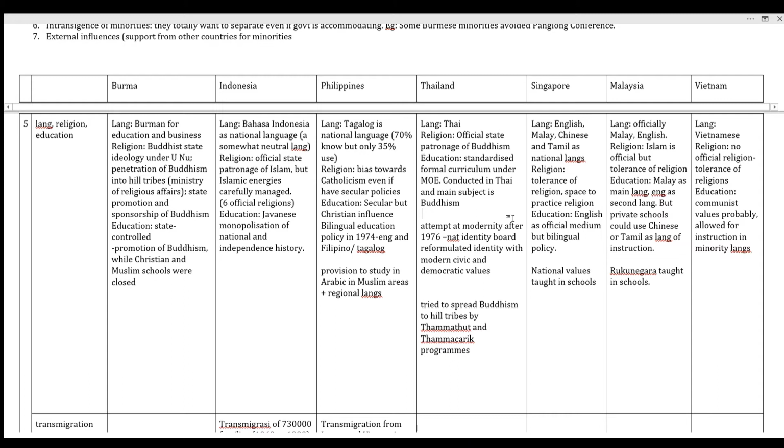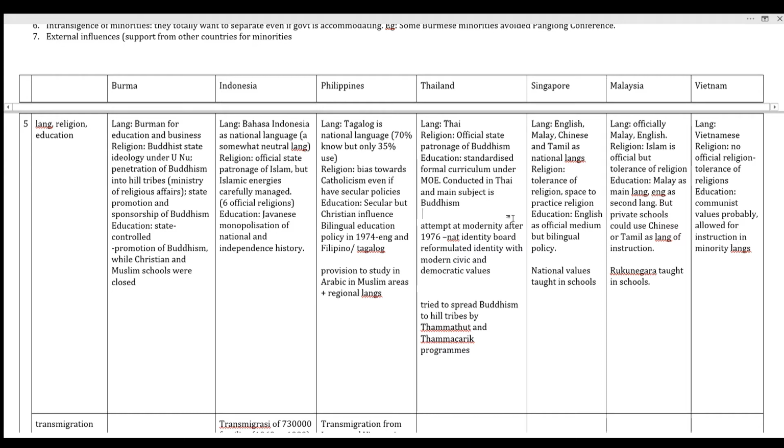Okay, in terms of the Philippines, as you can see, Tagalog is a national language, although not a lot of people use it. But as I said, language is not the biggest issue. Usually it's the religion that tends to be the biggest issue. They supposedly have secular policies, but they are quite biased towards Catholicism.